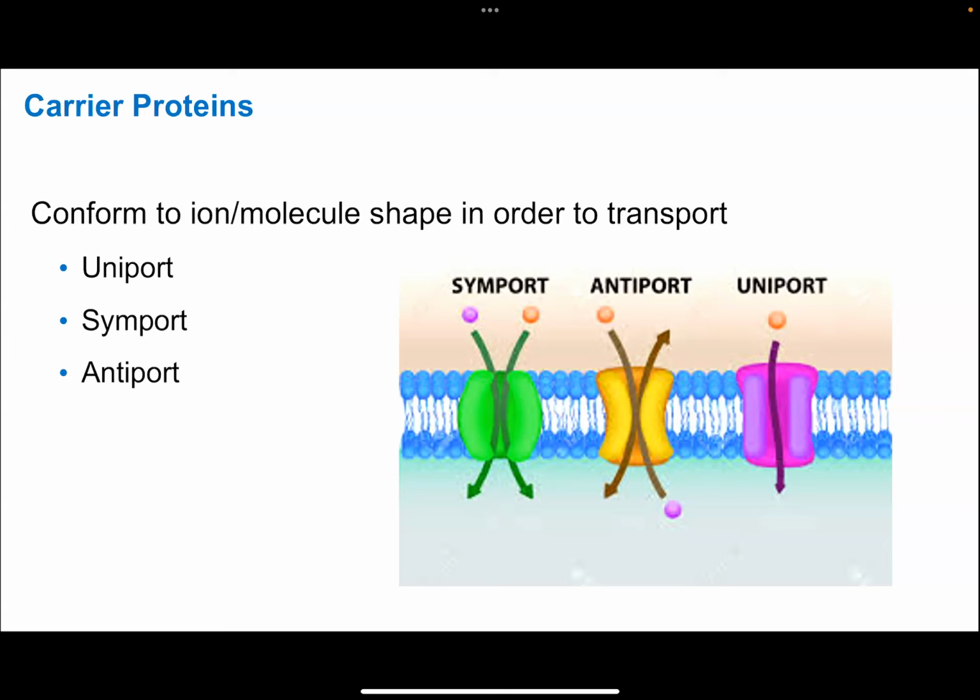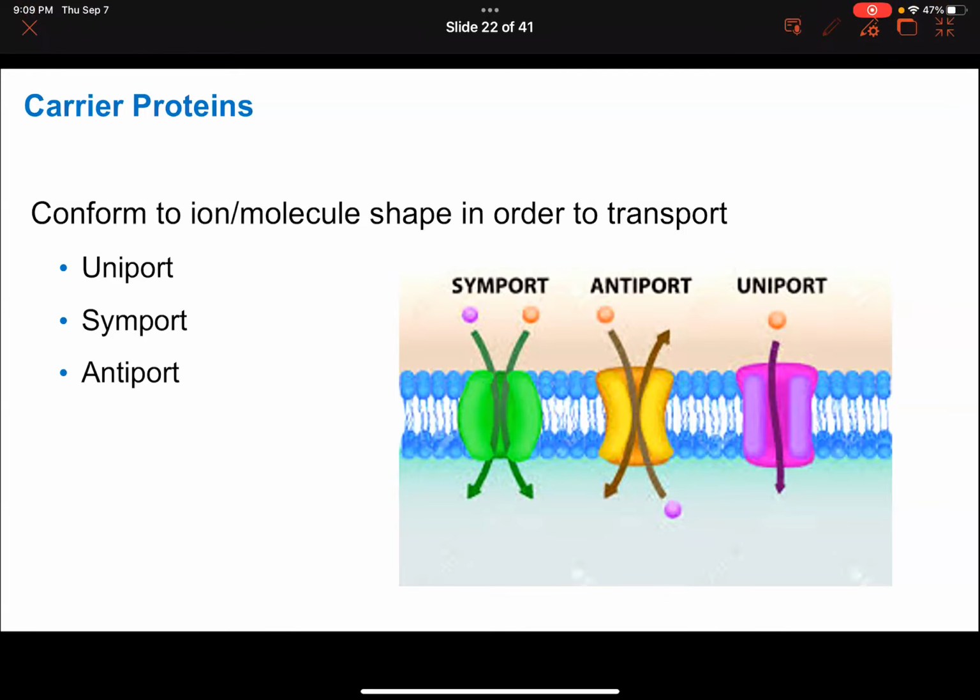These carrier proteins, just another characteristic that you should know about, of course, conform to the shape of the ion or the molecule that they're getting across the membrane, but they can get them across the membrane in different directions. So when we talk about one carrier protein getting one molecule across in one direction, then it's going to be uniport, as we have here on the right-hand side.